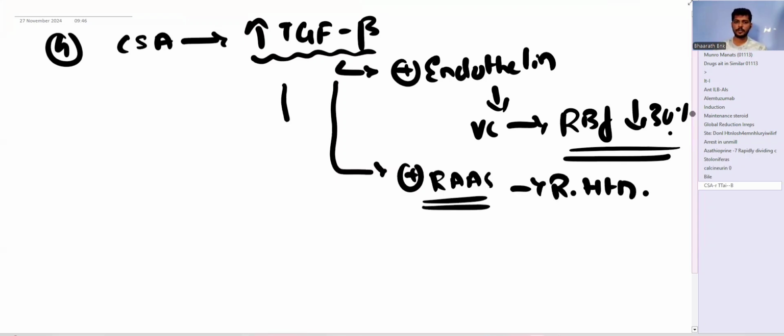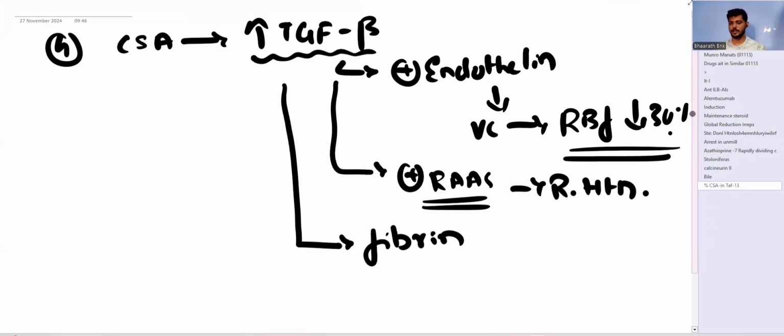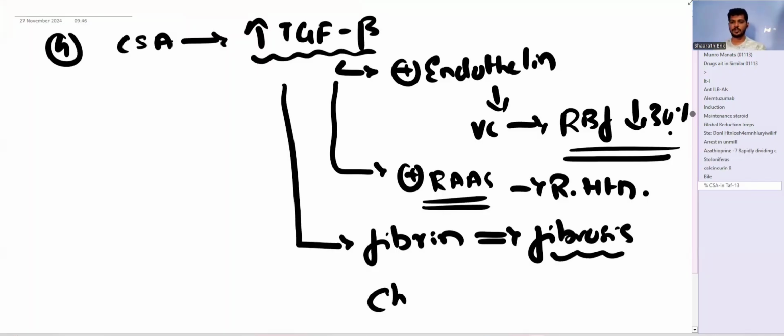But most importantly, this transforming growth factor beta causes fibrin deposition in the kidney, which will lead to fibrosis. So if a kidney transplant is done, in this new kidney it causes fibrin deposition, leads to fibrosis, and leads to what is called chronic allograft nephropathy.